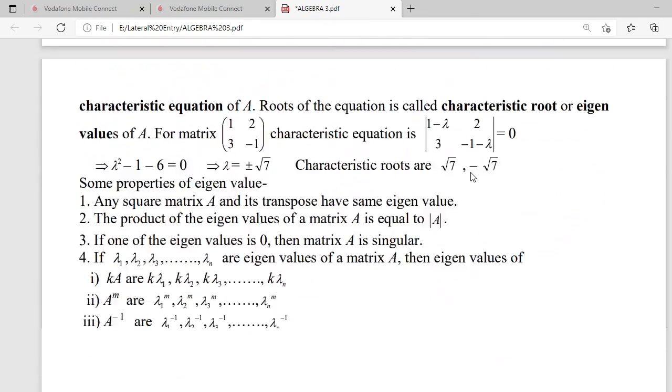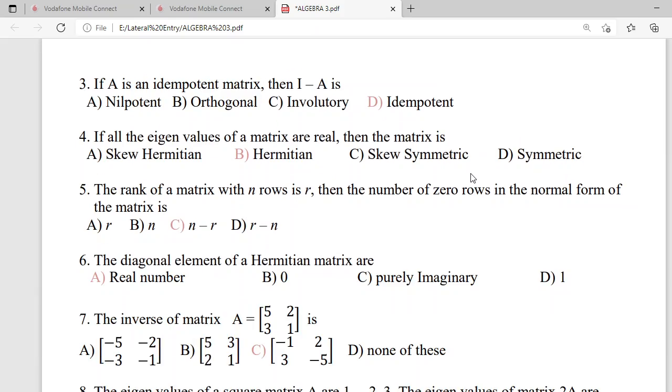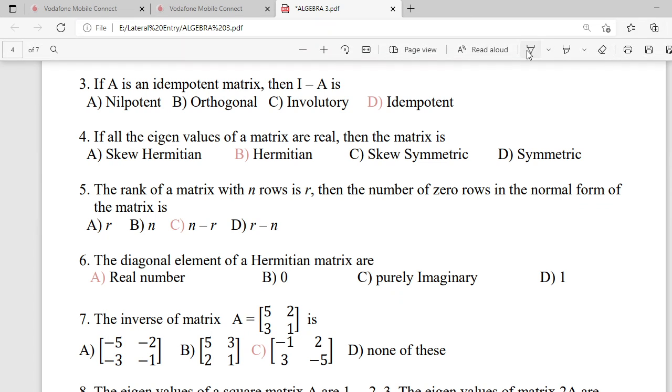So what you have to do? Let us multiply this.